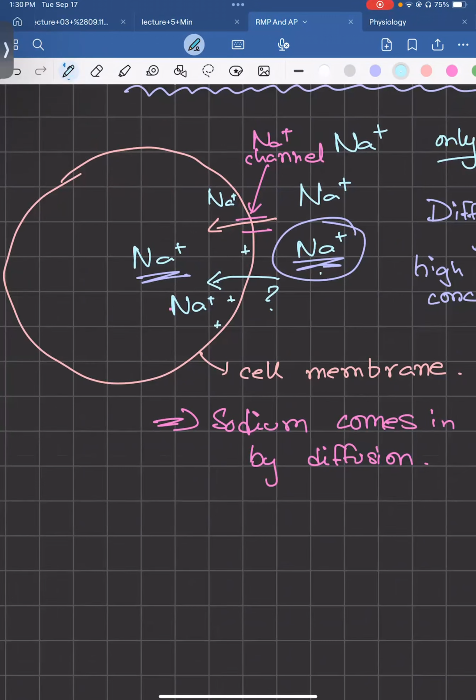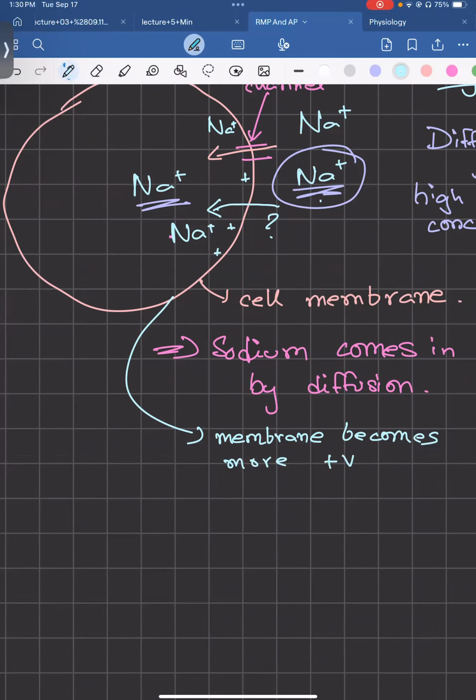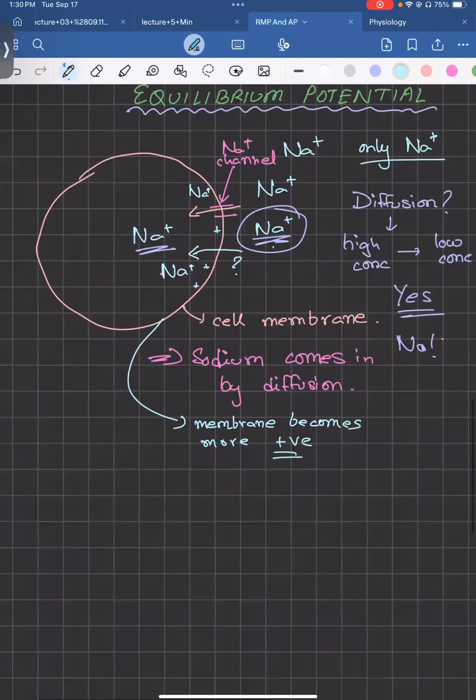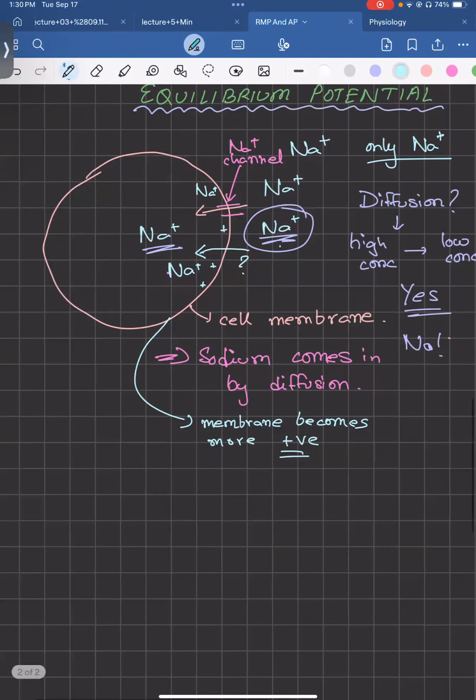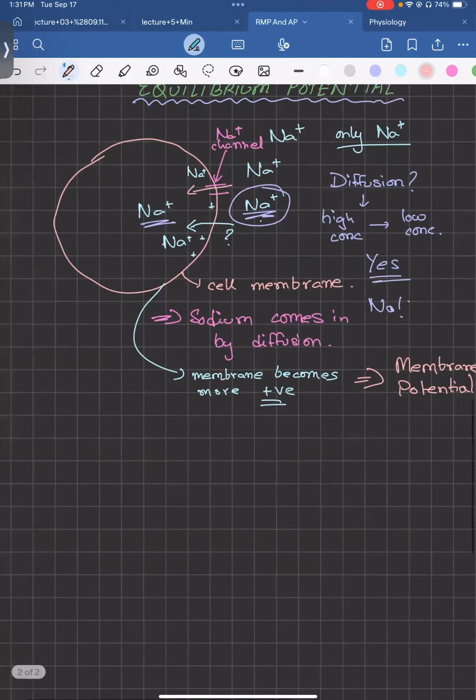So the membrane becomes more positive. And this particular thing, the charge of the membrane at a particular time, we're just calling it membrane potential.